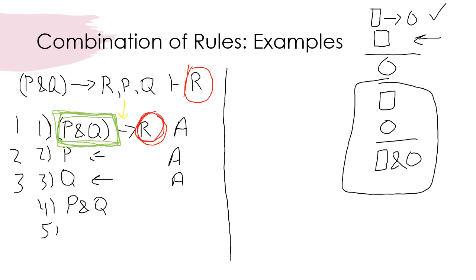Where are P and Q located? What line numbers? Well, P is on line 2. Where is Q? Q is on line 3. What's the rule I'm doing? Well, I'm introducing an ampersand, like that.